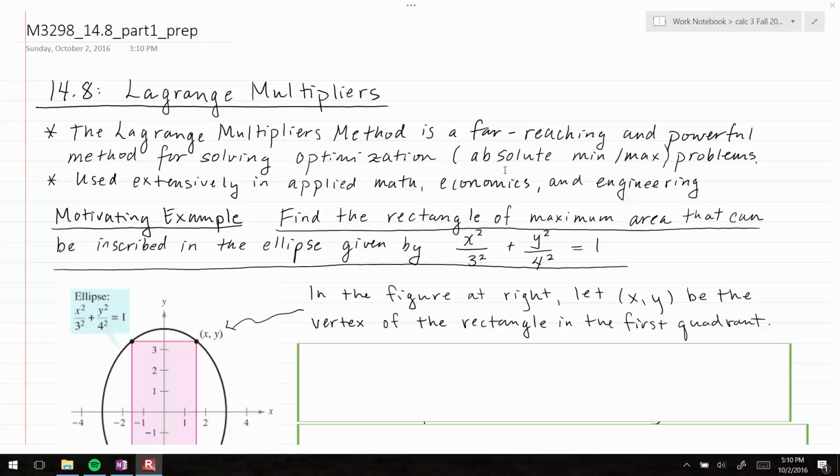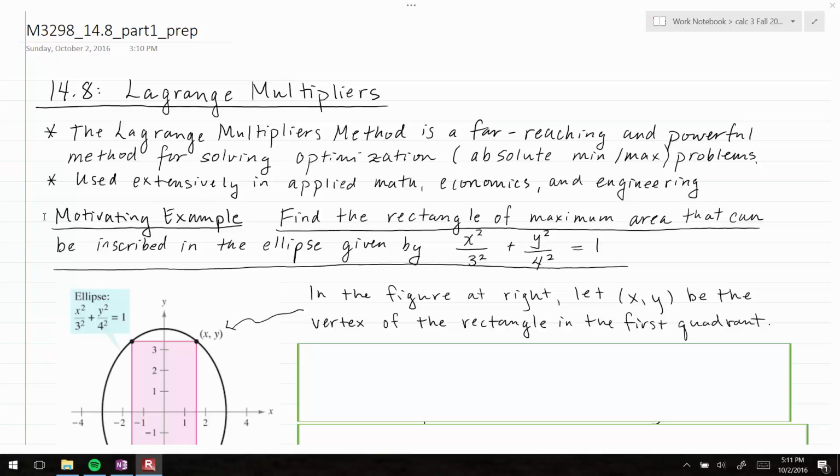That's something you would care about if you're a business. So having a max profit, that would be a profit function, would be something that you would optimize. And then in engineering, of course, other things too. So it turns out at a high level, when we have this multivariate situation, this Lagrange multipliers method is what's used to solve optimization problems. So this is one of those things you might actually see again, especially I'm told in economics and engineering and applied math.